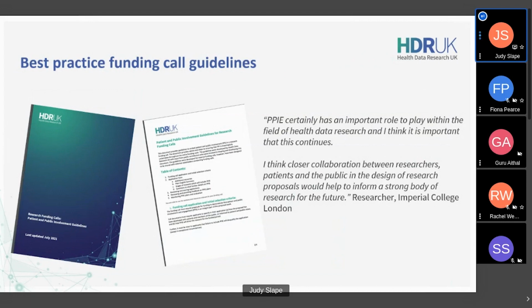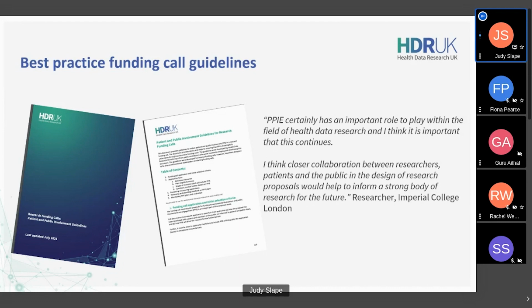We had a whole range of learnings, right from how to actually put together a funding call application and initial selection criteria involving PPIE plans and benefit to the public in the researcher's application, right through to how we review and score applications, and also how we monitor how funded researchers are undertaking their patient and public involvement and engagement.